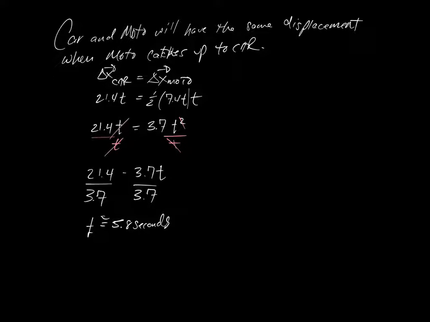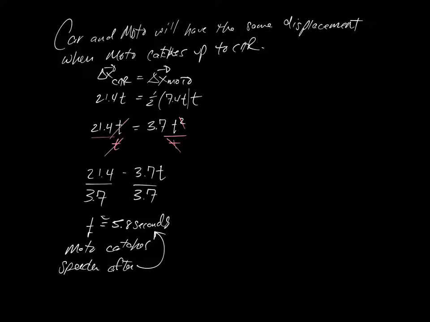Okay? And so that's how long it takes the moto to catch the speeder, after 5.8 seconds passes. I'm going to make a new page now because that's not all we can find.